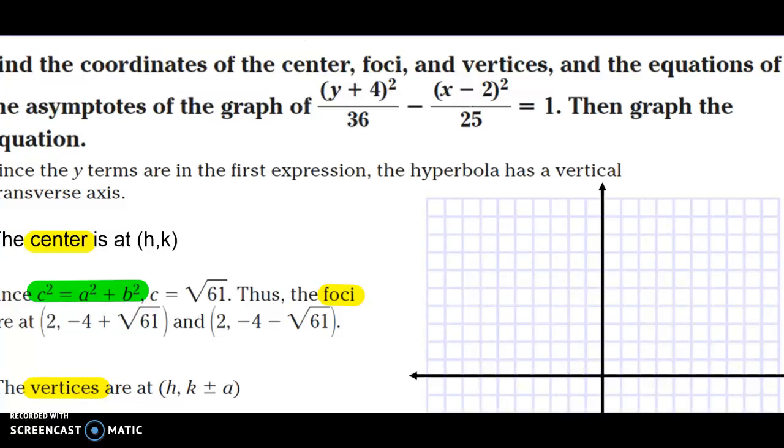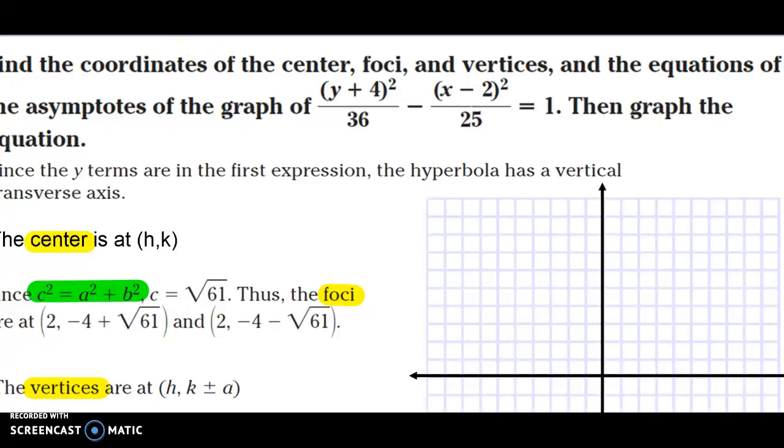The center is going to be whatever is affiliated with that y value and whatever is affiliated with that x value. So we do know one thing. Because the y value is first, it's going to open up and it's going to open down, okay? It has nothing to do with bigger number, smaller number. It has to do with what is written first.